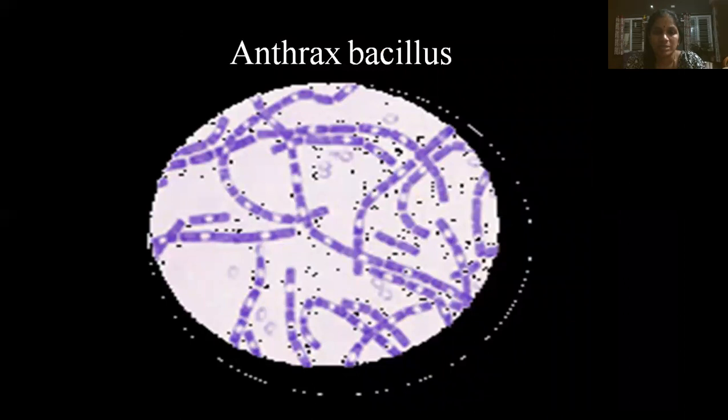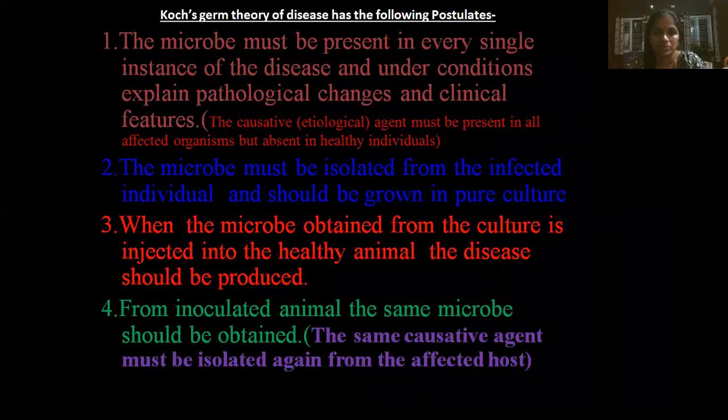This is the anthrax bacillus observed under the microscope. Here you can see Koch's germ theory of disease with the following postulates.